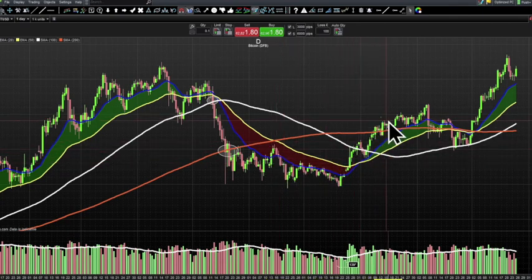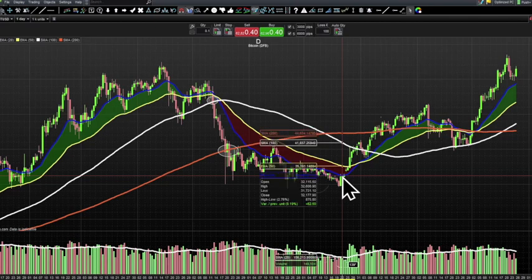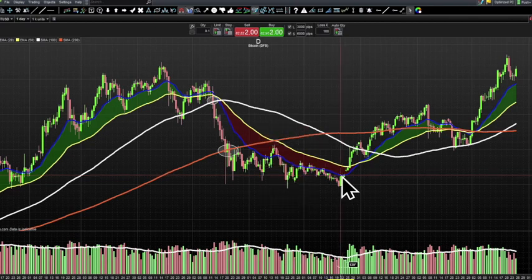If you look at here, it's the same. It comes and hits here, it is acting as a resistance, and then we have two possible signals here, either a bearish signal or a bullish signal.